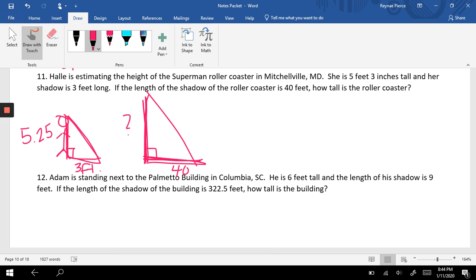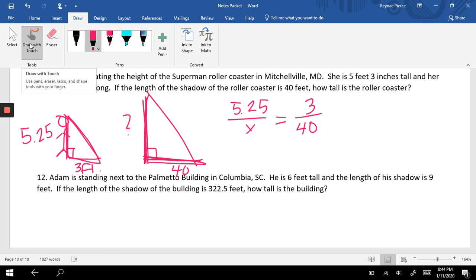So we can use similar triangles and proportions to find the height of things that we don't know how tall they are. Okay, so 5.25 and our missing side are corresponding parts, and then 3 and 40. The shadows are matching parts.